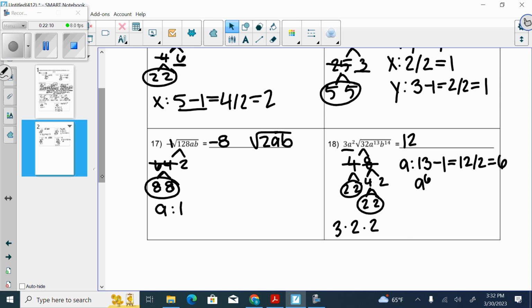Yeah. What do we have out there? A squared. And when we have more than one thing out there, what do we do with them? Multiply them. But whenever we are multiplying, what do we do with exponents? We add them. So this would be 6 plus 2 is my exponent, which gives me A to the 8th.